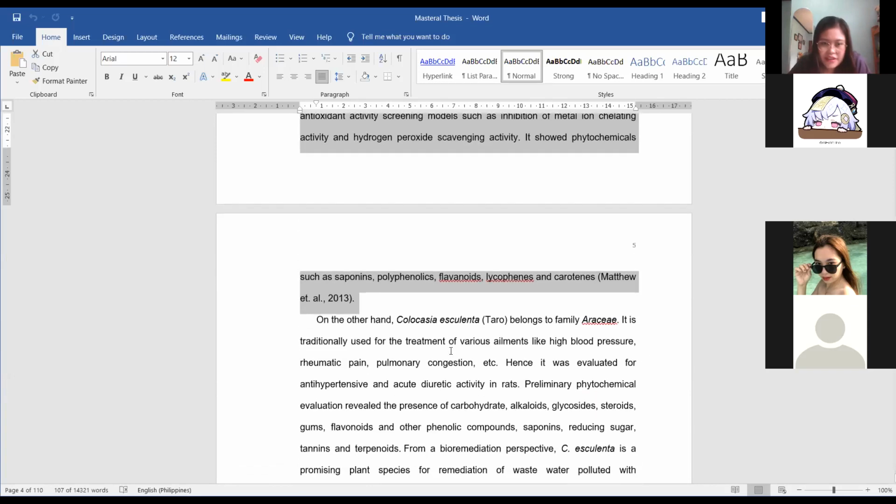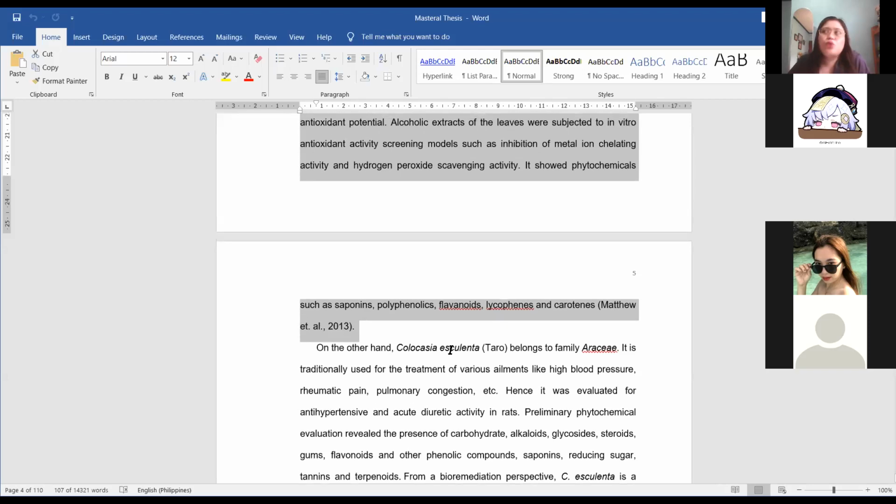For anti-angiogenic, I mean. Angiogenesis is the formation of new blood vessels. Kasi just like our cells in the body, nga pag masamad ta mag-heal siya, we will have new cells. Ang ato ang mga blood vessels also are being renewed. There will be formation of new blood vessels in the body.